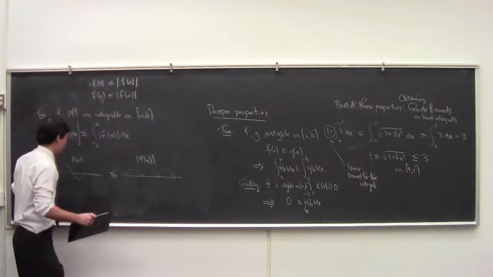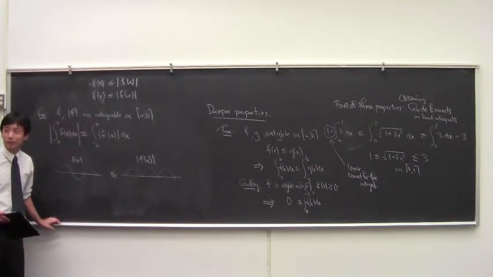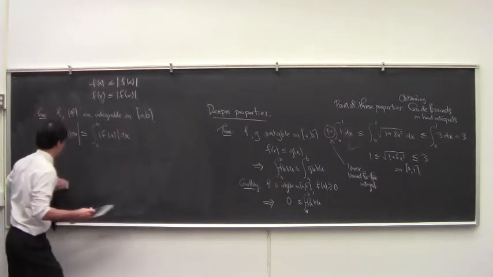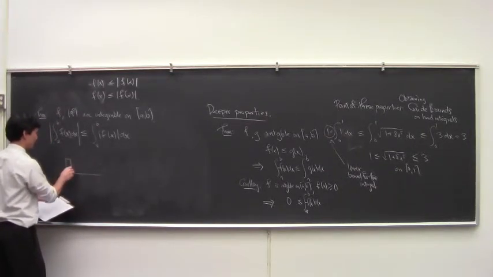Does anyone recognize this? Does this remind you of anything? Suppose I have a bunch of areas. Some of them are negative and some of them are positive.